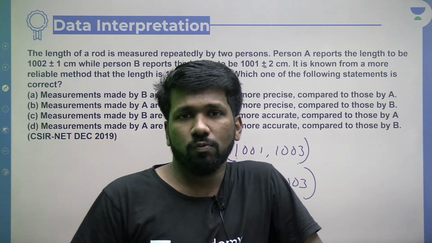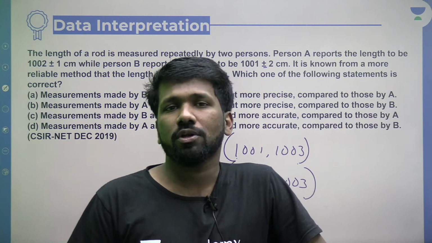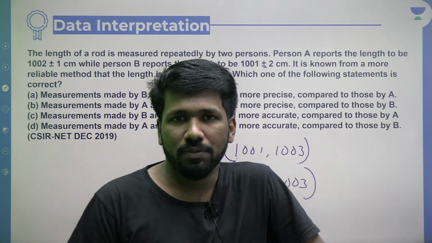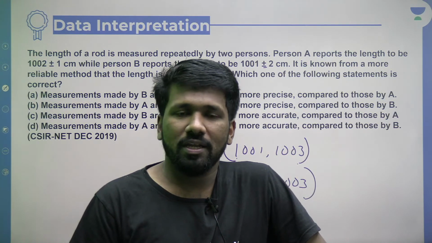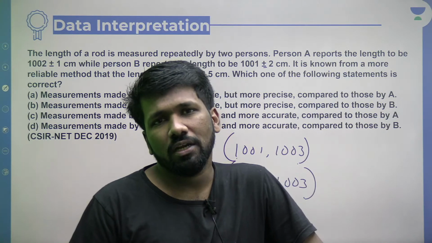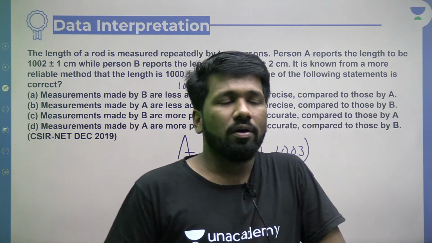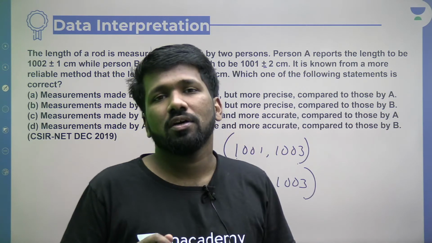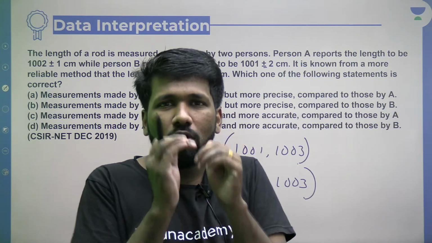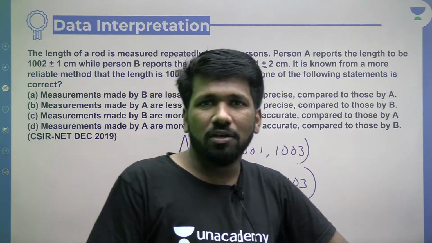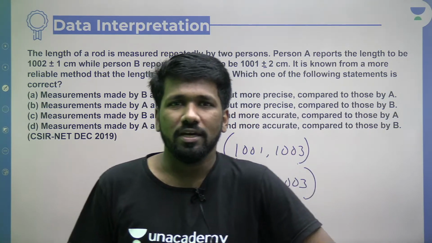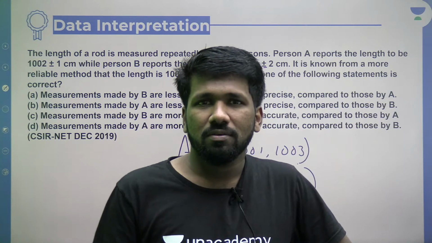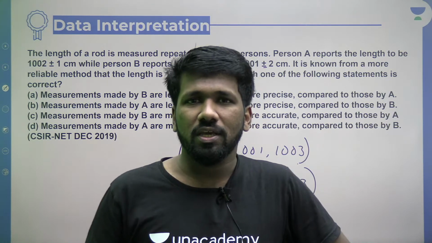So you should know first what precision and accuracy are. I will explain it very simply. Precision means, in the range of the answer, how small it is. The smaller the range, the more precise the answer. In common language also we use this: be precise. Be precise in your opinion.